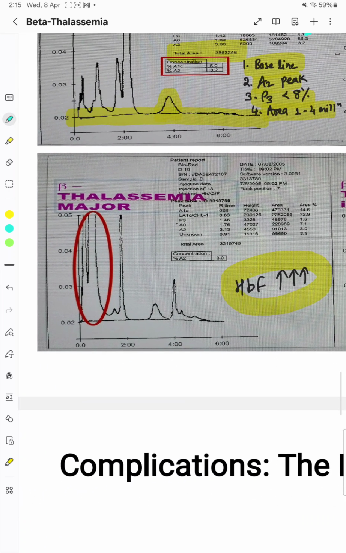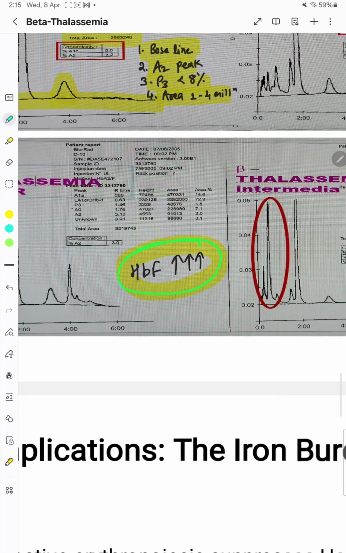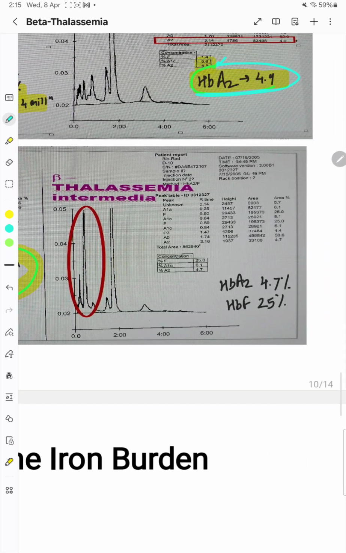In thalassemia major, the main hemoglobin is HbF, and in thalassemia intermedia there is increased HbA2, 4.7%, and HbF is 25%. So in beta thalassemia intermedia there is increased HbA2 between 4 to 9%, and HbF is also raised somewhere between 10 to 30%.